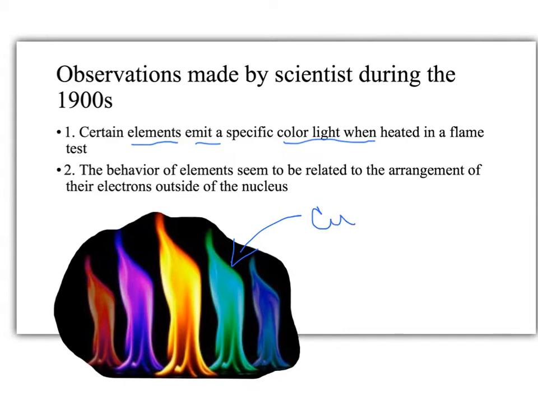And you saw lithium, strontium, and the different colors. Different elements give different colors. Now the question is, why does an element give a specific flame color when heated? They also realized that the behavior of elements seems to be related to the arrangement of their electrons outside of their nucleus.